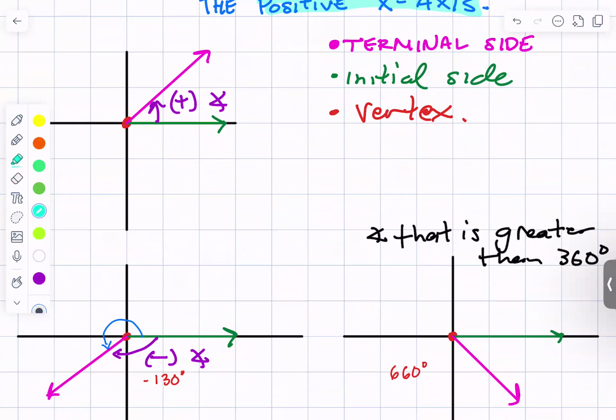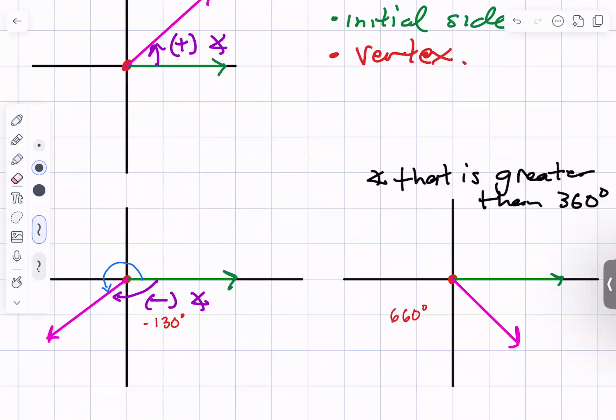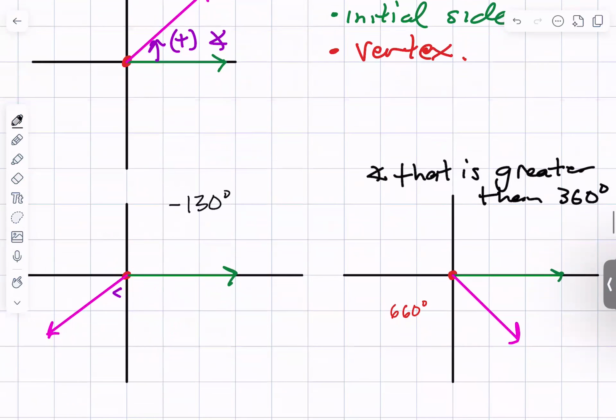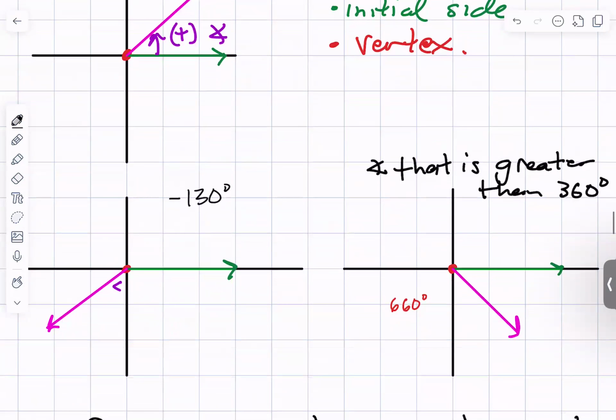If I wanted to graph, let's say, negative 130, I would start off with my green initial side, right there, and go clockwise.